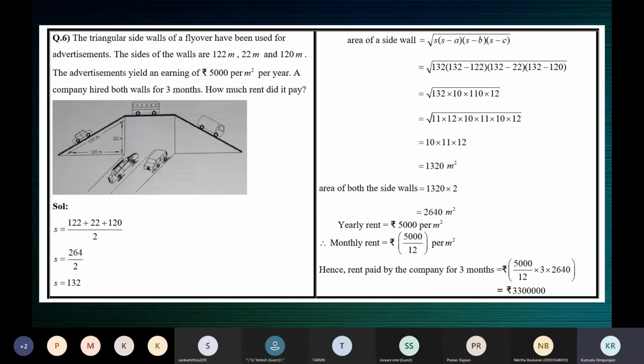You'll have to find the sum, you'll have to add the squares of the other two sides.